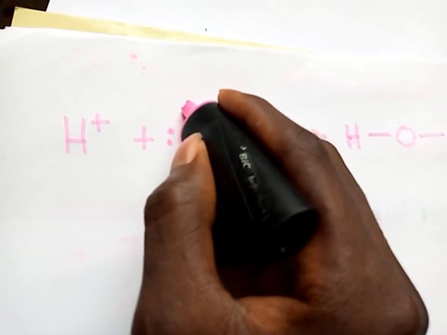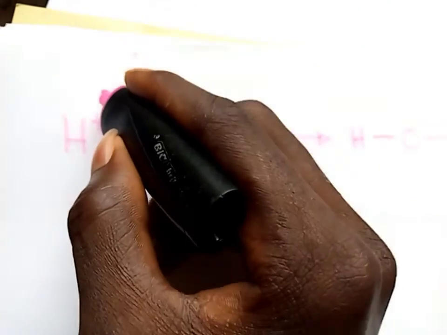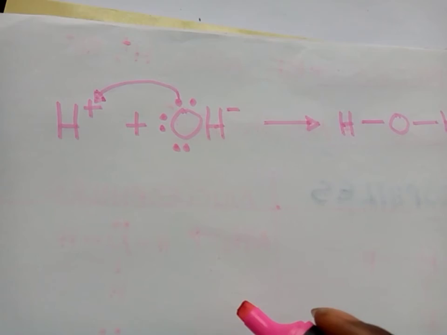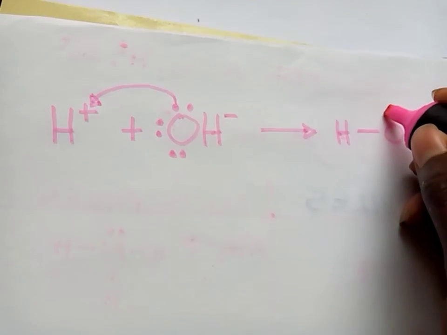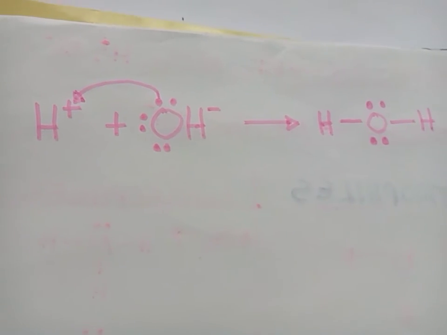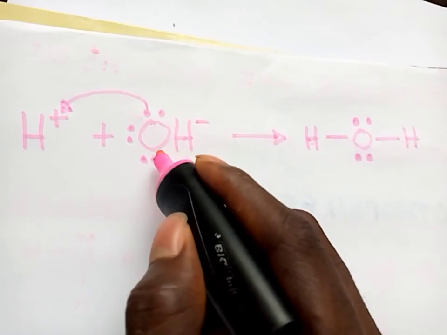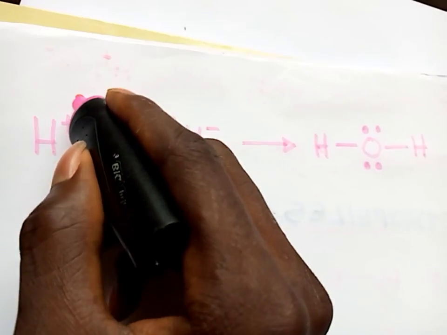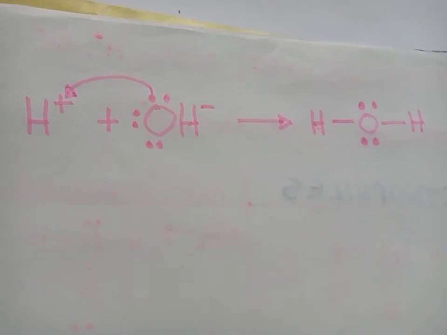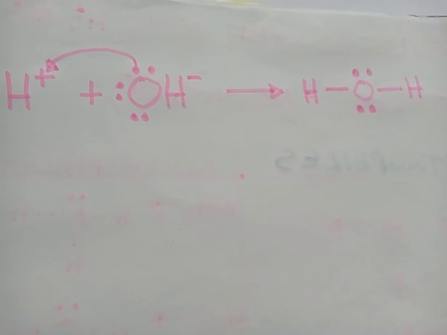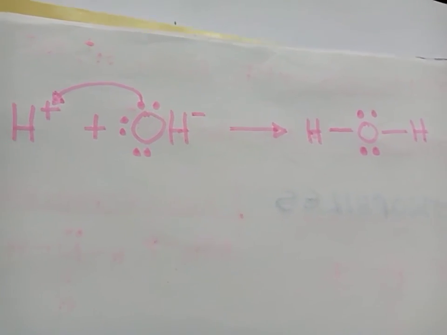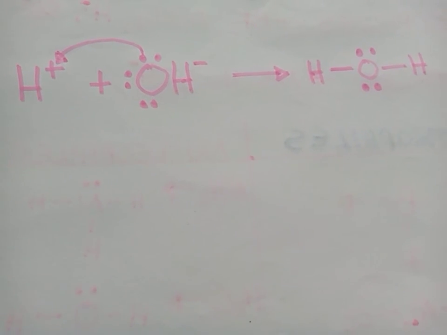So it's gonna give out 2 lone pairs. It's gonna share 2 lone pairs with this hydrogen ion here to form water. So in the product, they have only 2 remaining. So you can see this hydroxide ion shares 2 of its electrons with this hydrogen ion to remain with 2 here. So you can see how electrophiles and nucleophiles work.